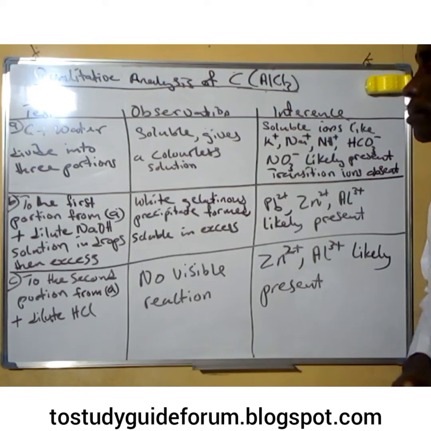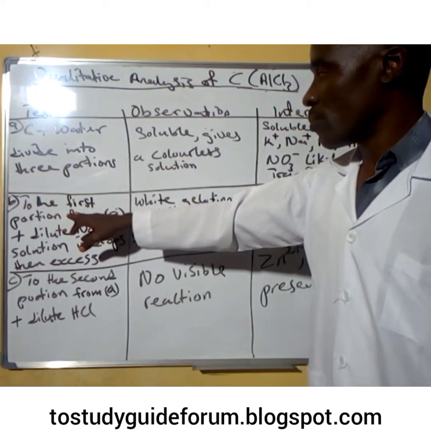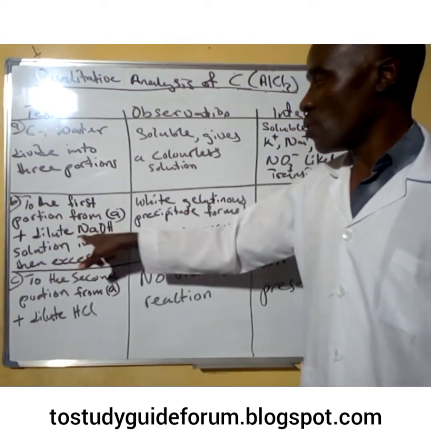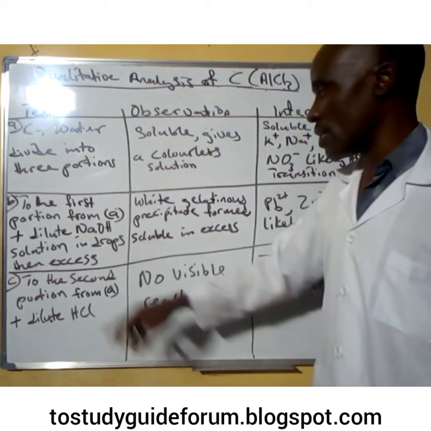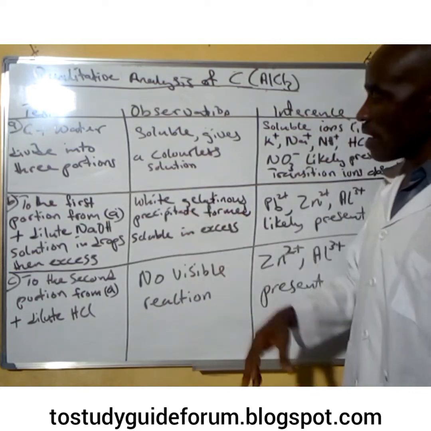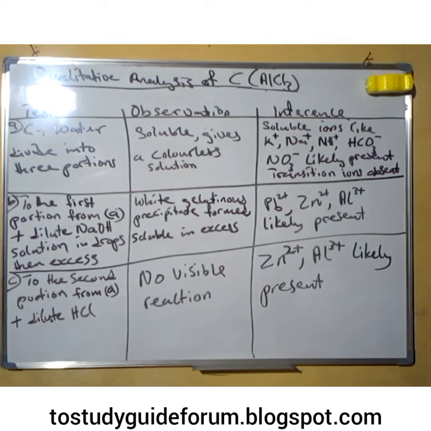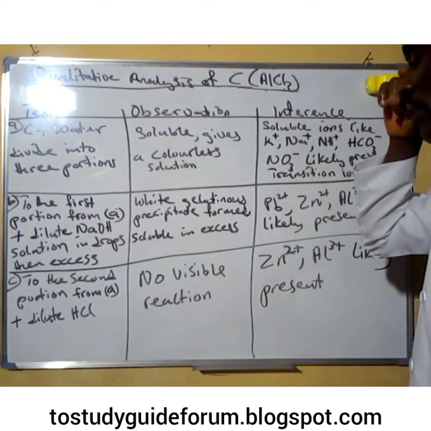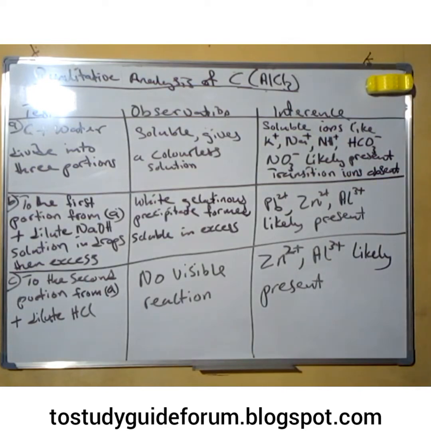So the next one we did, after dividing into three portions, the first portion we add dilute sodium hydroxide solution in drops, and then in excess we discover that we have a white gelatinous precipitate formed, and this white gelatinous precipitate is soluble in excess.